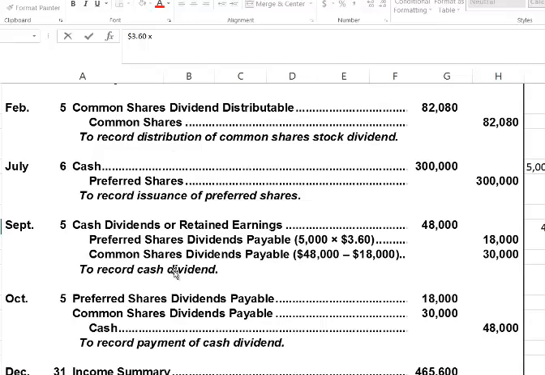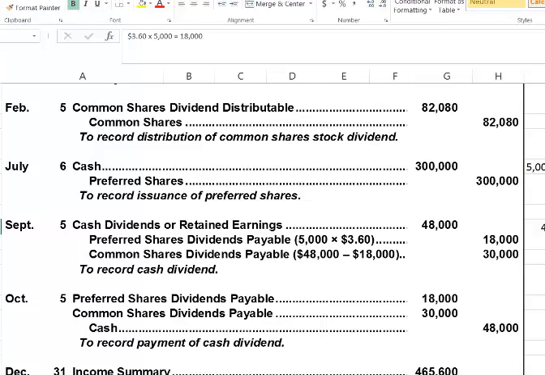Well, don't forget, in the transaction on July 5th, that's when we issued our first amount of preferred shares, and that means that we are going to pay out in terms of a cash dividend $18,000, $3.60 a share for 5,000 shares to preferred shareholders.